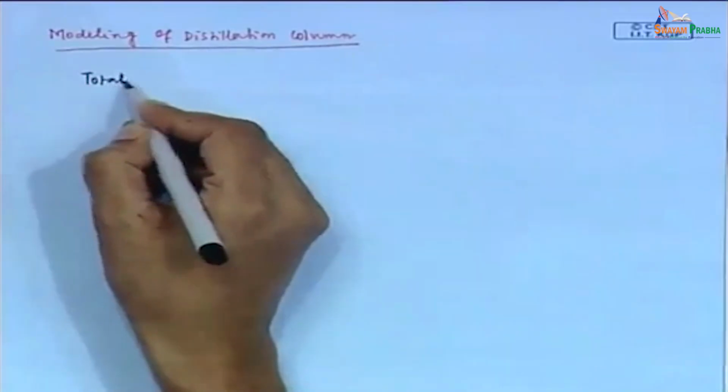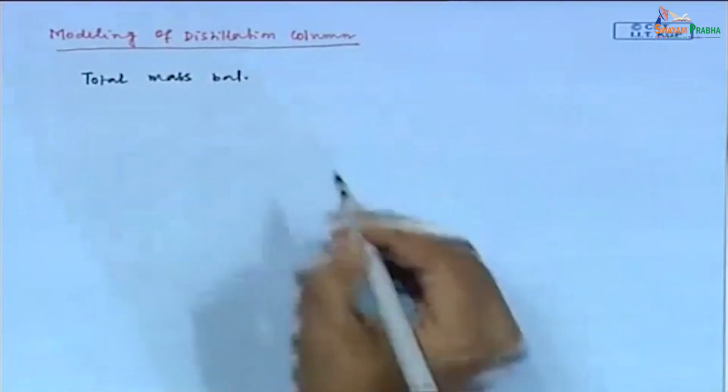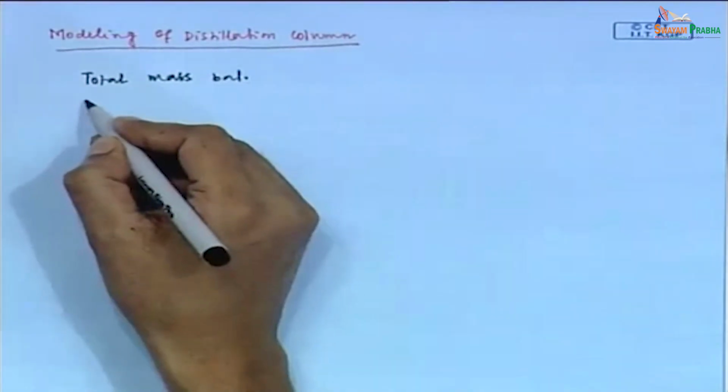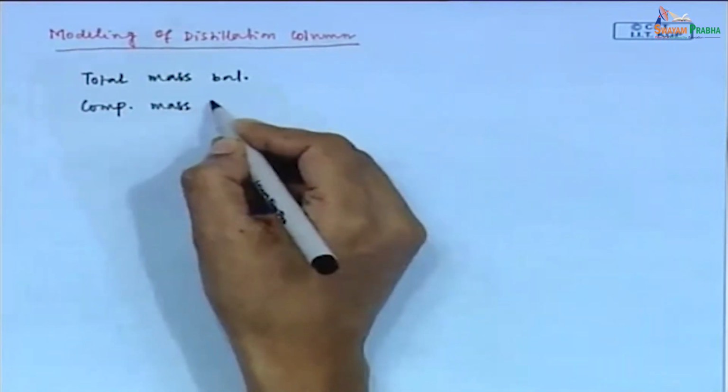So, in the last class we have derived mass balance equations. First we derived the total mass balance equation along with the component mass balance equation.